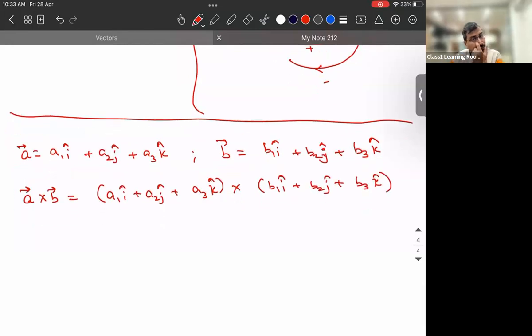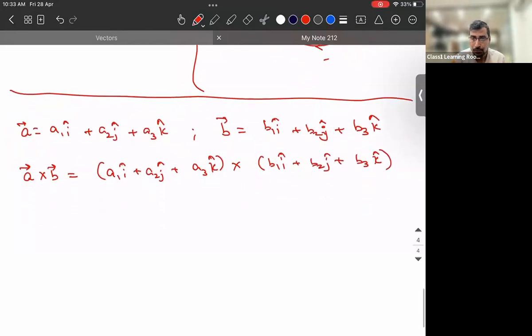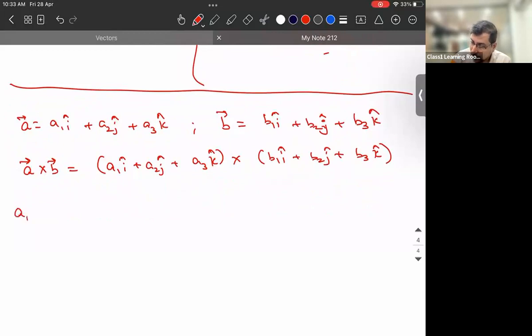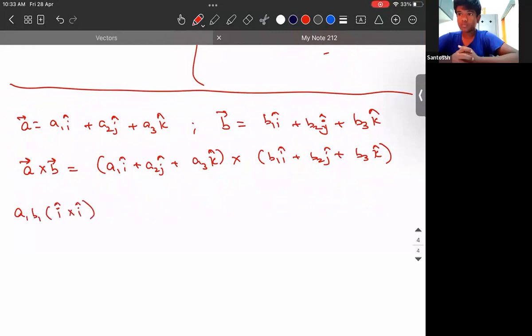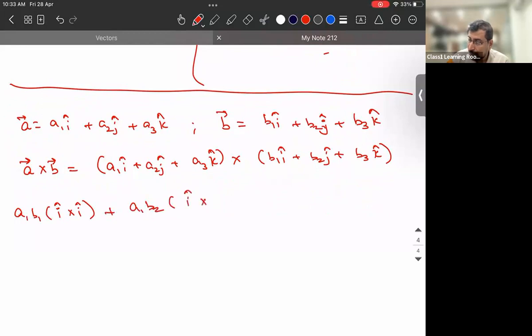So again, 3 terms into 3 terms, I'm going to get 9 terms. So what are they going to be? They will be A1 B1 into I cap cross I cap. Similarly, A1 B2 into I cap cross J cap and A1 B3 into I cap cross K cap.